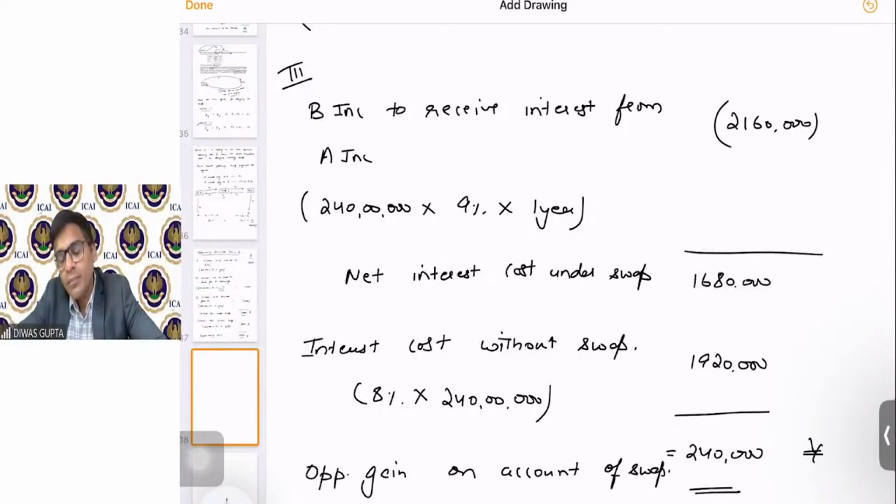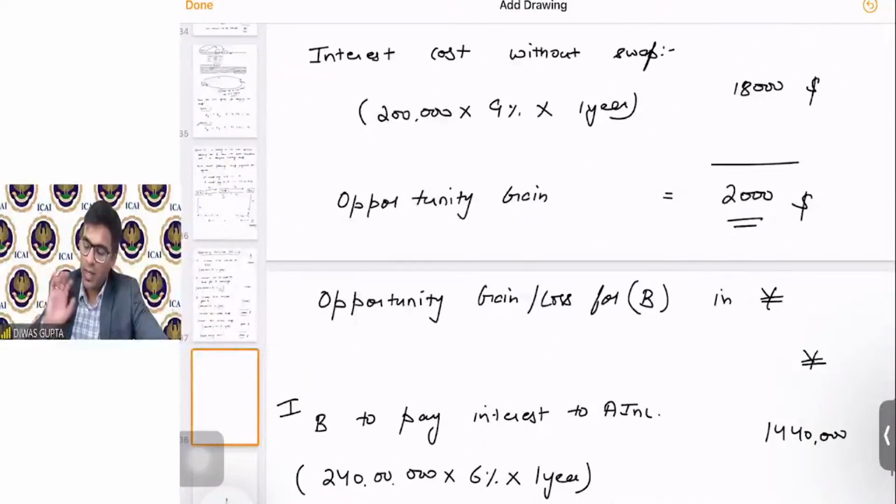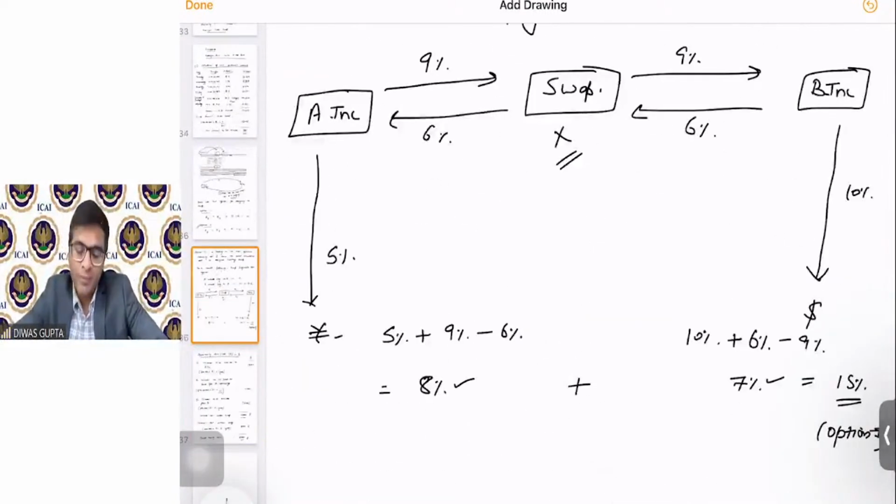Okay. Now, if you see, this is the main chart. Gurram and everyone who wanted a proper view, this is the proper chart. In this, we have mentioned that A will pay 5% on the yen borrowing. A will receive 6% and A will pay 9%. Since the preferred borrowing currency for A is dollars, we have done all the calculation in dollars for A, assuming that A's functional currency is dollar.